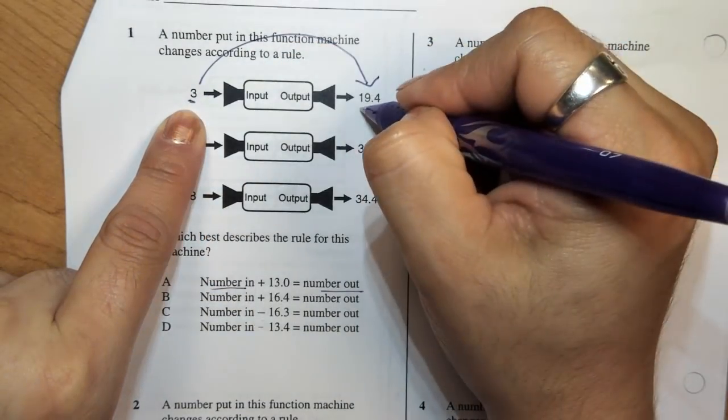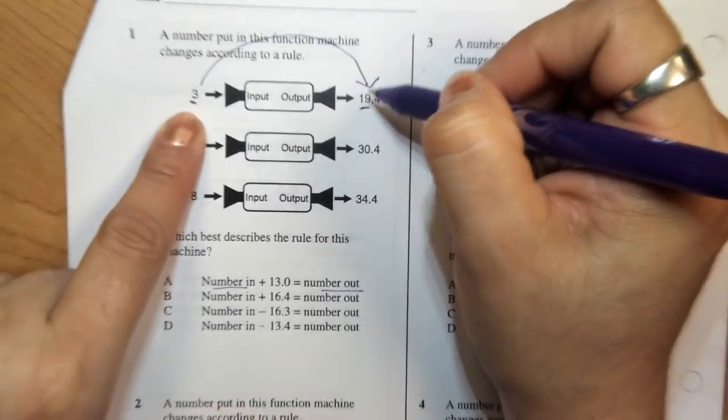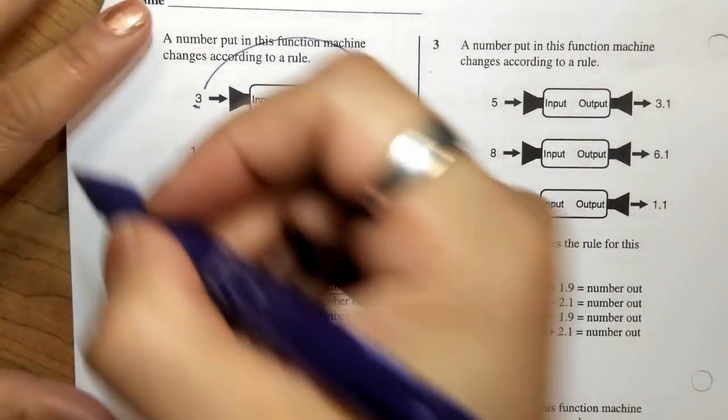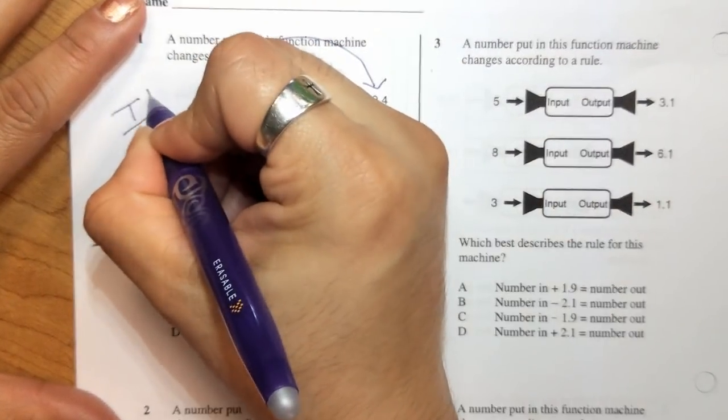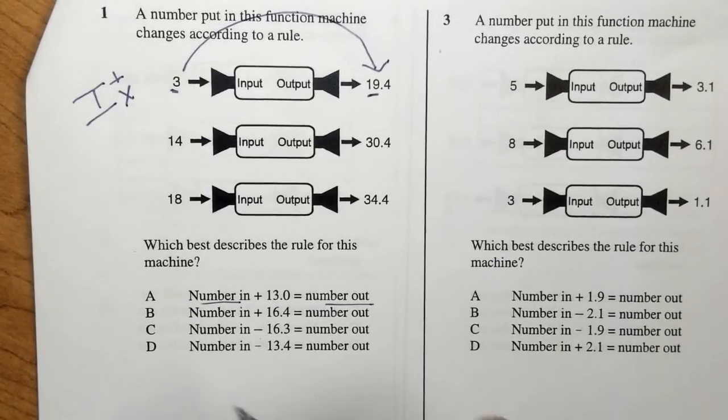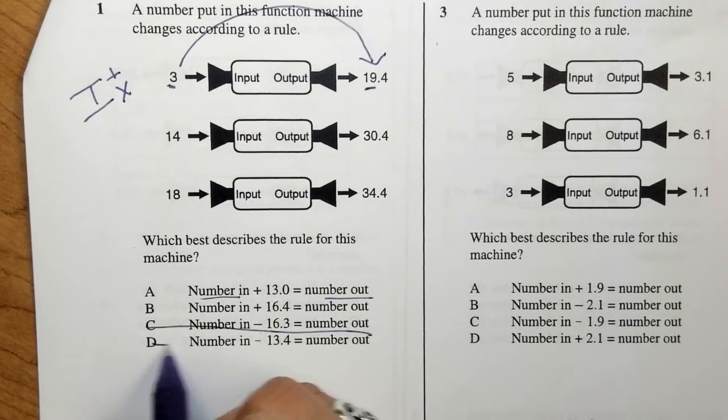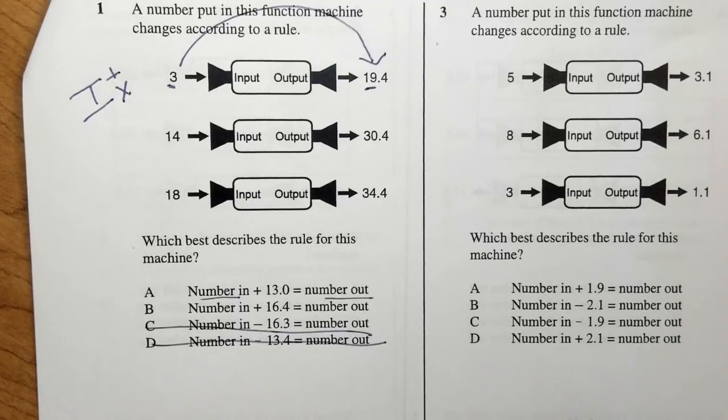Look at my whole numbers. 3 to 19. I am getting bigger. I'm increasing. So I'm going to add or multiply. Look at my answer choices. I have add, subtract, and subtract. So I know for sure I'm not going to subtract because my numbers are getting bigger.